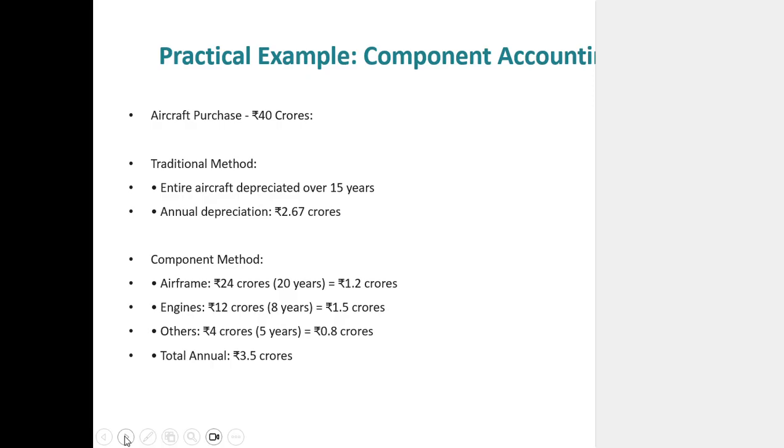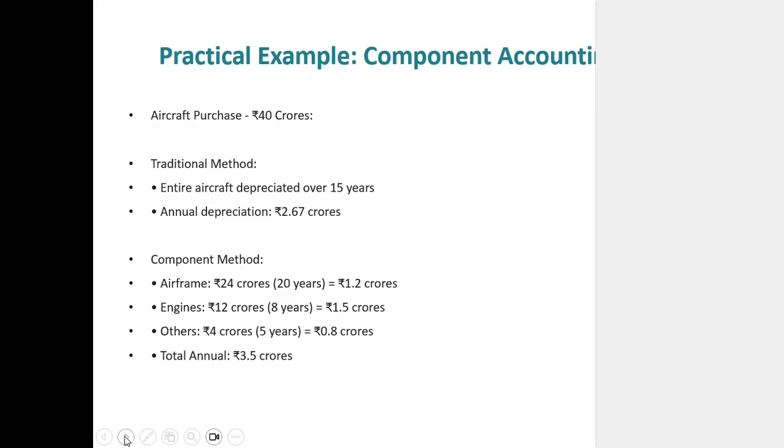But as per IND AS 16, if we use the component method, you will see that the airframe costs 24 crores, useful life is 20 years. Thus, annual depreciation comes to 1.2 crores. Similarly, engine 12 crores, useful life 8 years, annual depreciation 1.5 crores, and other components of an aircraft, rupees 4 crores, estimated life 5 years, annual depreciation comes around 0.8 crores.